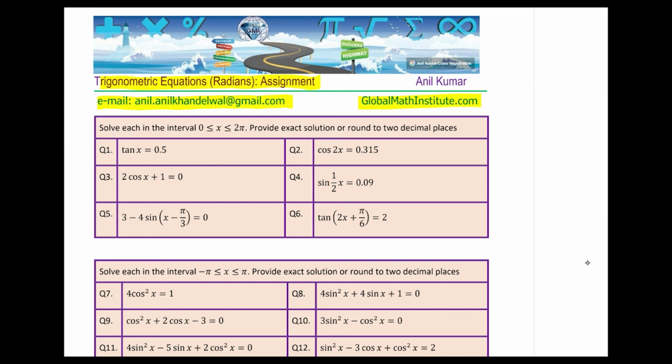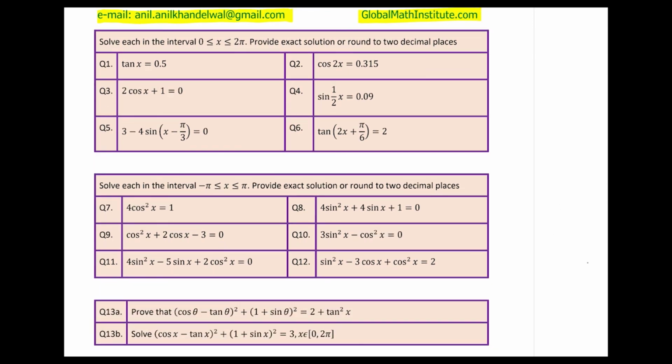And then we complicated the situation, changing the domain as you can see. And then we went from linear trigonometric equations to quadratic trigonometric equations. And at the end, we solved an examination style question where the identity has to be proven first and then the equation is to be solved. I hope you understand and appreciate what we have done here.